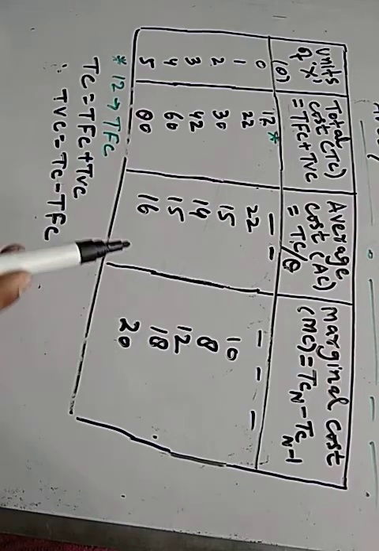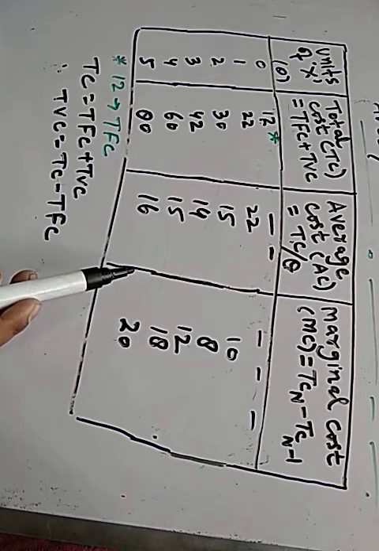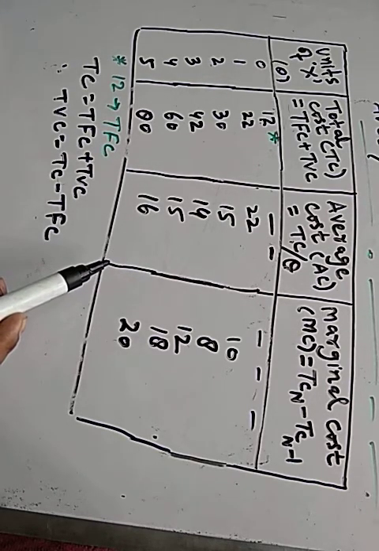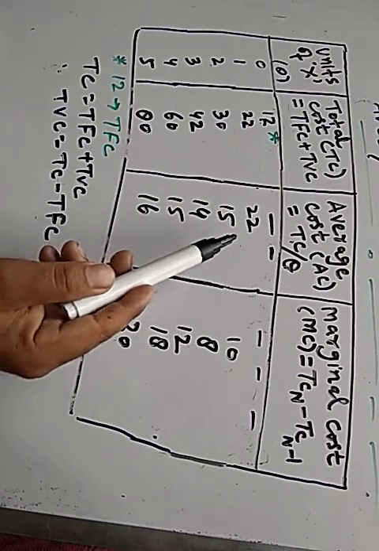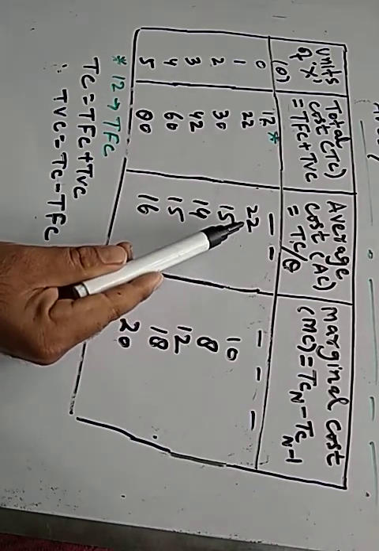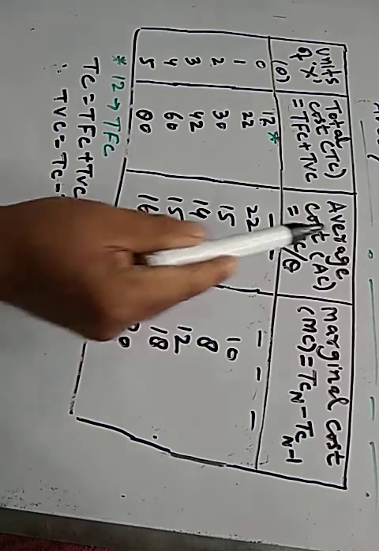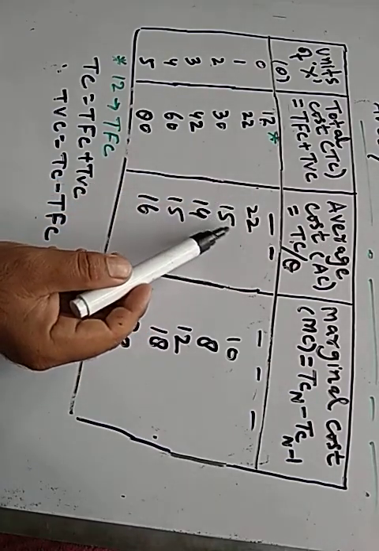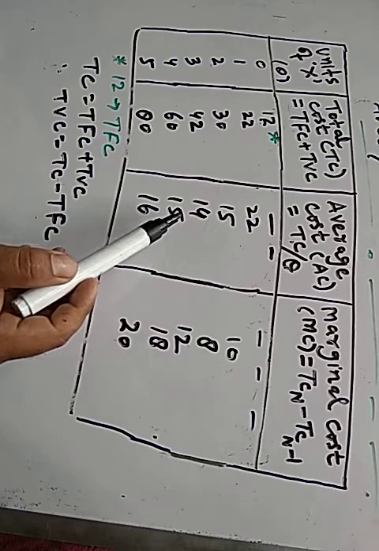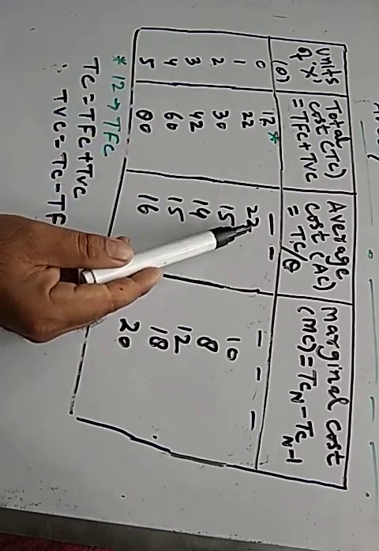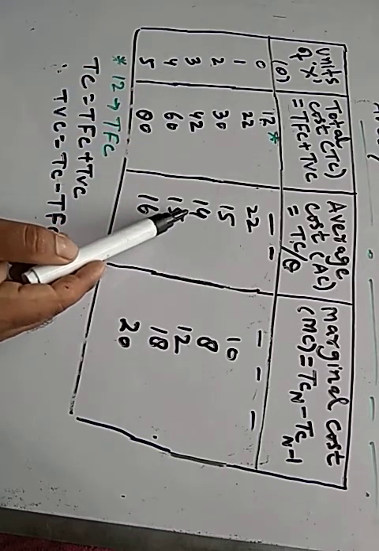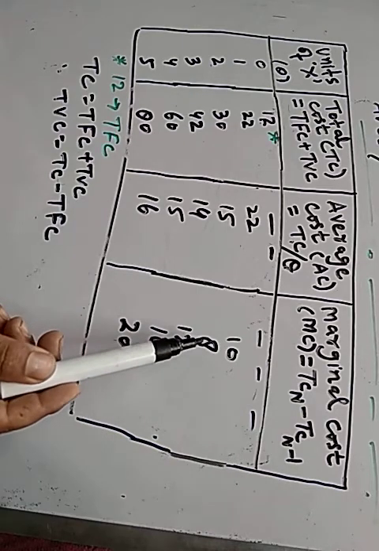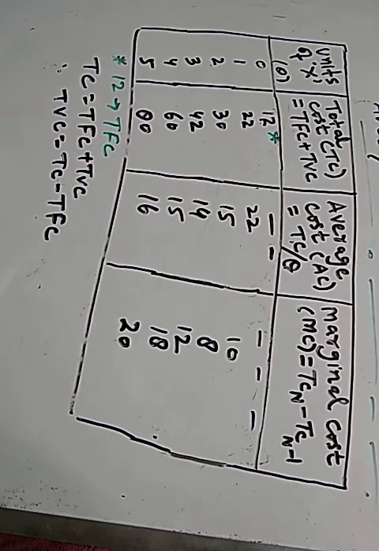Now when you look at the table, you will see that both marginal cost as well as average cost initially are decreasing. With the increase in level of output, average cost decreases from 22 to 15 to 14, and marginal cost decreases from 10 to 8 rupees.